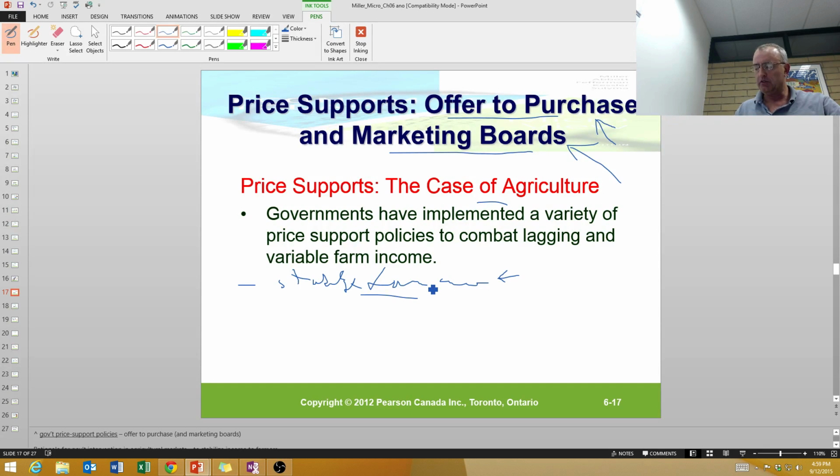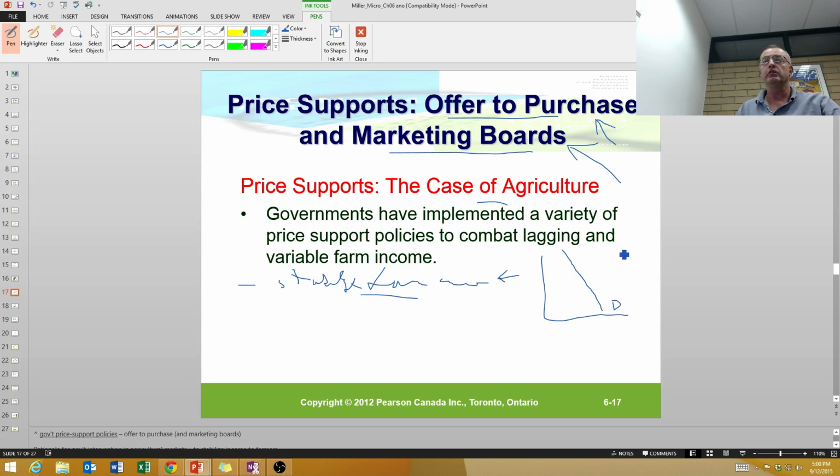And likewise, the price elasticity of demand for agricultural products is relatively inelastic. What this means is if there are supply shocks in the market, then the price can change quite considerably, and that means farmer incomes will also change quite considerably.